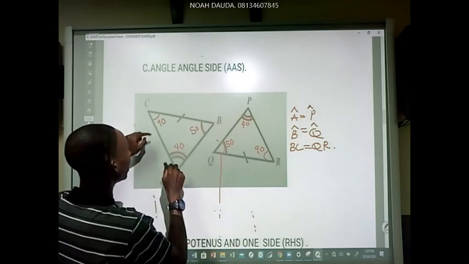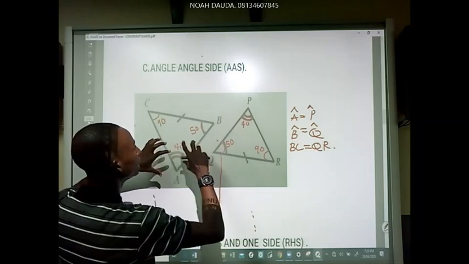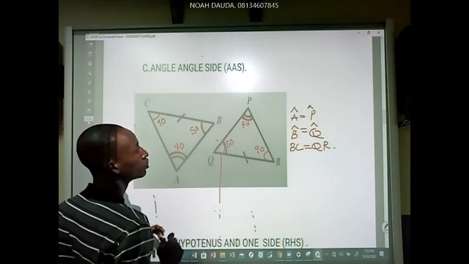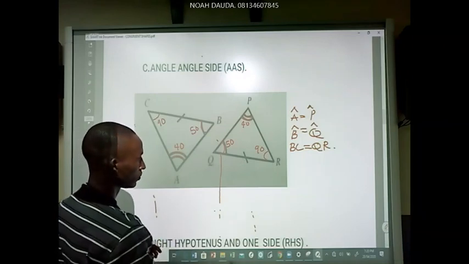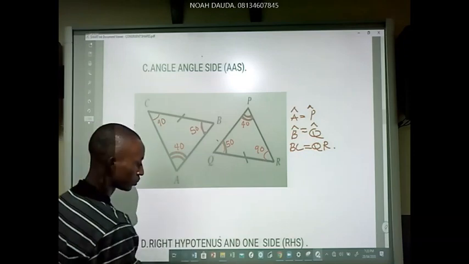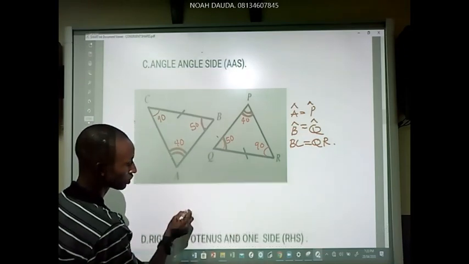So in all parameters, this angle and this angle are the same: 50, 50, 40, 40. And that also makes these two triangles congruent triangles. Let's look at the third condition and the fourth condition.